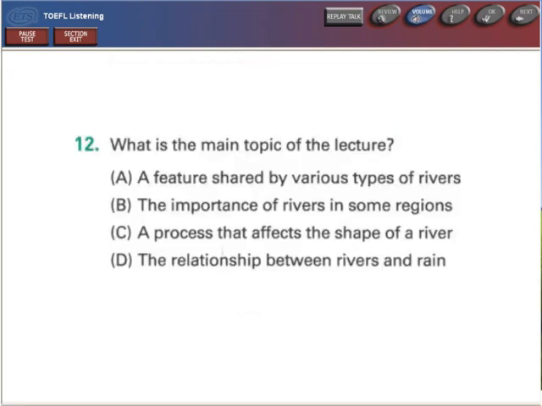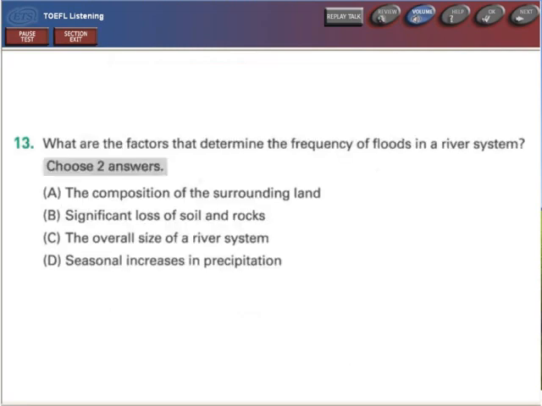What is the main topic of the lecture? 13.